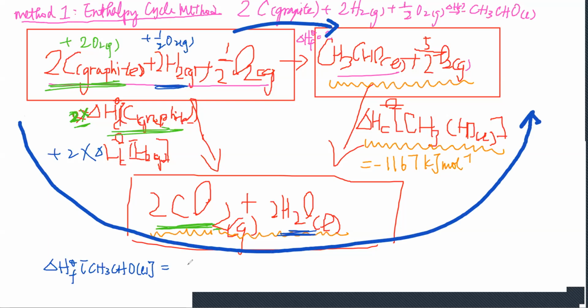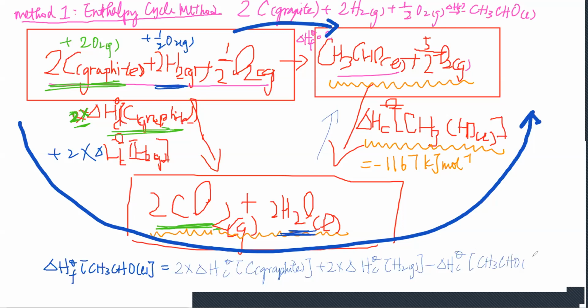Root 2 is 2 times delta H of combustion of graphite, C graphite, plus 2 times delta H of combustion of hydrogen, minus, because it is now going in reverse, minus delta H of combustion of CH3CHO liquid.